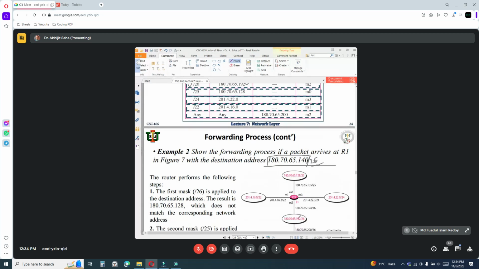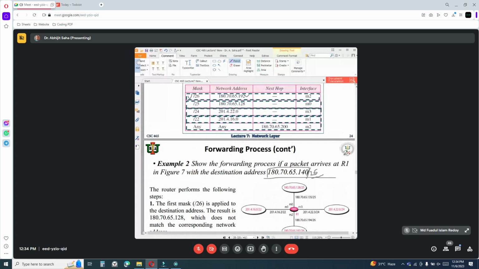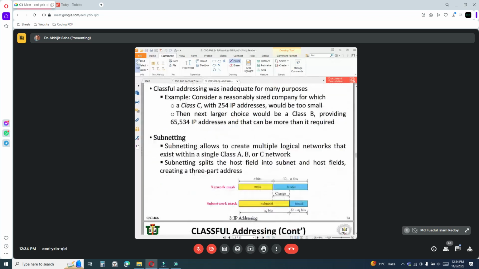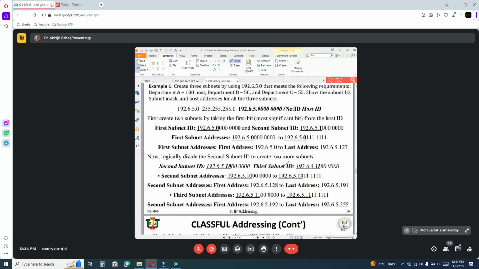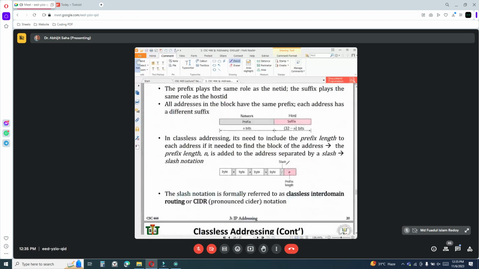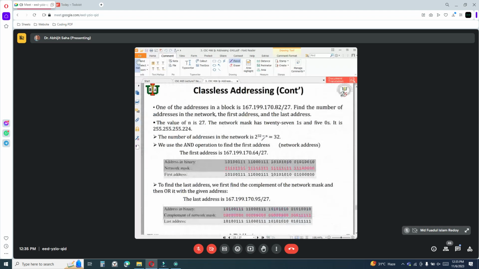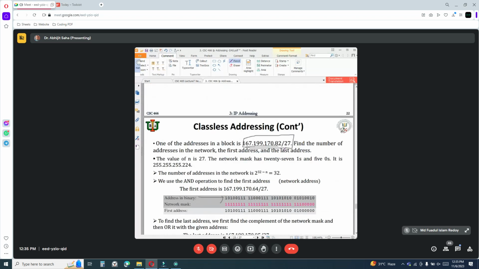So now, you can see here, in the case of classless addressing, this is the IP address given to you. You take this IP address and convert it to binary, and then /27 means 27 ones and the rest of the bits are 0, and then you do the AND operation.